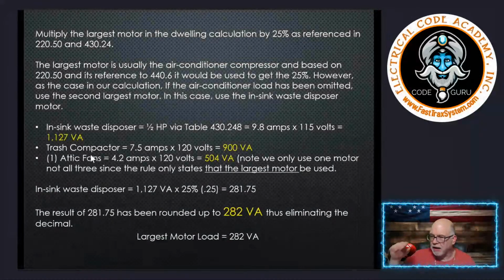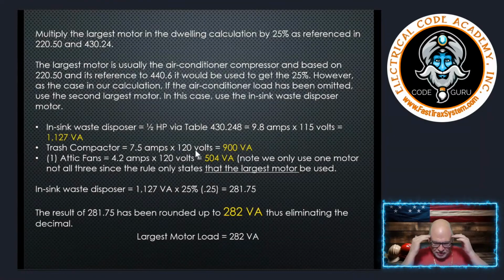All right, in our case, this is where you got to think. Remember when we did the AC, which is the largest motor in the building, that air conditioning compressor? We compared AC versus heat. Well, guess what we did to that AC load? We got rid of it. We threw it away. We kept the heat.